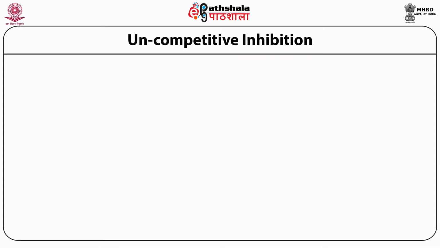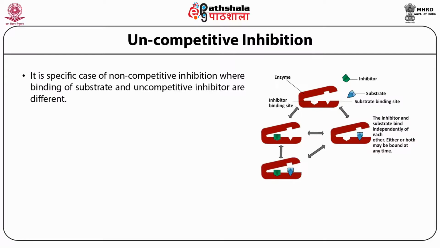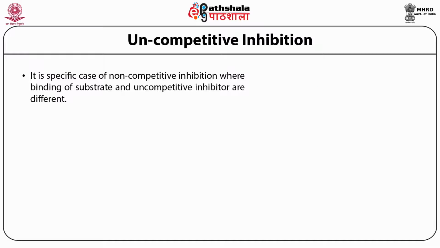After discussion of competitive and non-competitive inhibition, the third category is uncompetitive inhibition. Uncompetitive inhibitors are similar to non-competitive inhibitors, but the difference is that an uncompetitive inhibitor will never bind to the free enzyme. It will only bind to the ES complex.